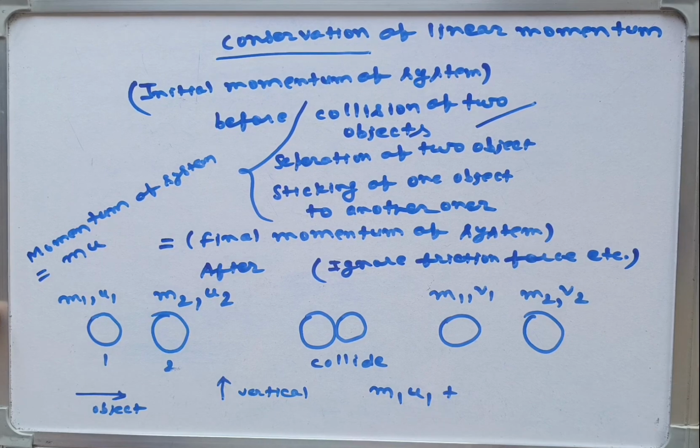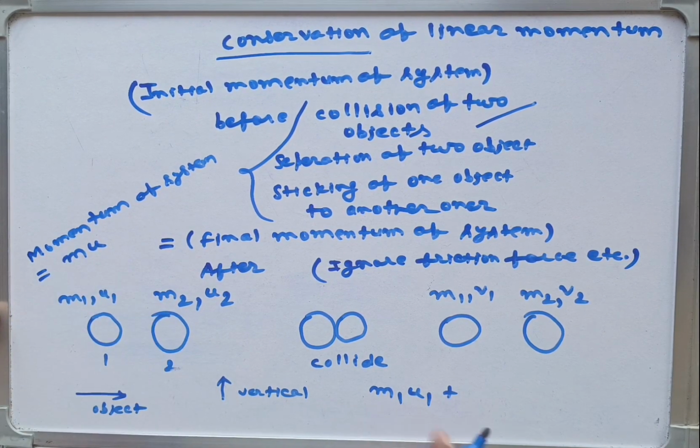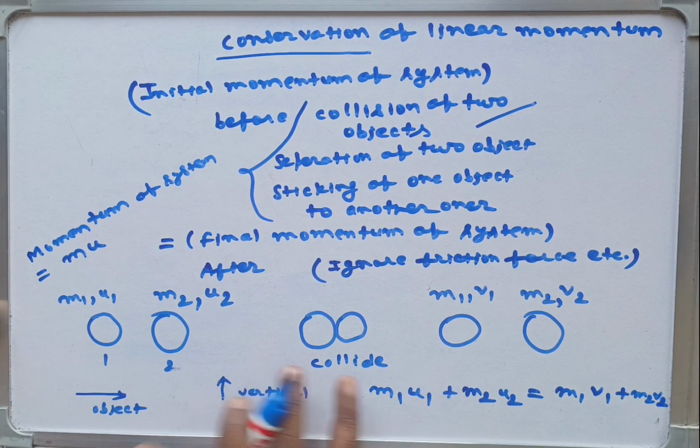So the initial momentum is m1 u1 plus m2 u2, and this will be equal to the final momentum. This is the case when two objects collide with each other and then separate.